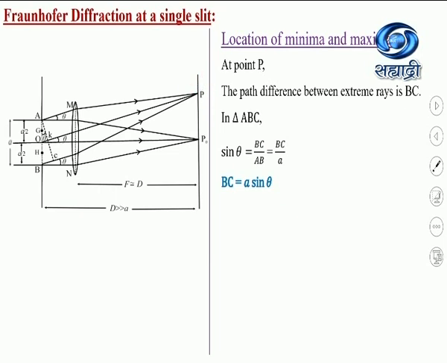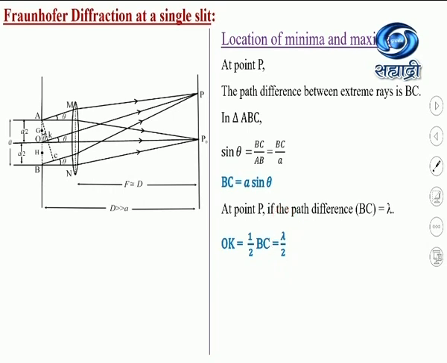Now we assume that this path difference BC between the extreme rays is equal to lambda. So at point P, the path difference between the extreme rays, which is BC, is equal to lambda. We have assumed this. Now, if K is the midpoint of AC, then OK is half of BC. As BC is equal to lambda, OK is equal to lambda by 2.